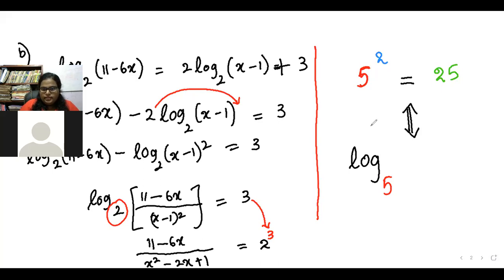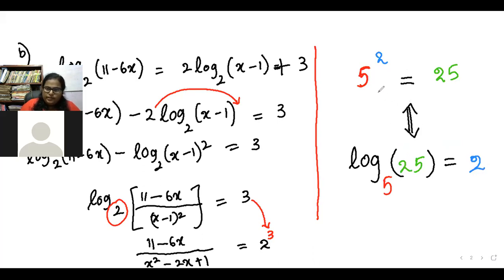We are writing this 25 and it is equal to 2. This exponent is written as the answer of this log function. So this is the conversion of log to exponential form as well as exponential form to log format.